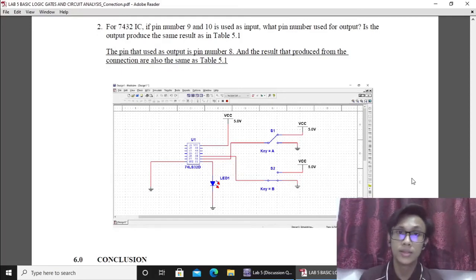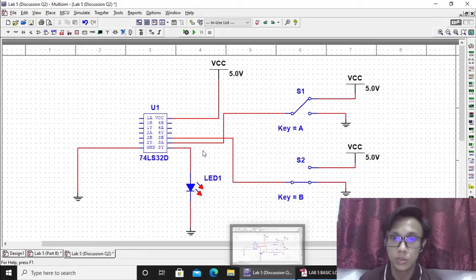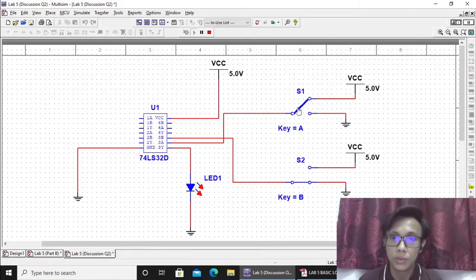To prove that answer, when we construct the circuit on this Multisim simulation, we use pin number 9 and number 10 as the input, and pin number 8 as the output. And when we run the simulation and use the input of 1 and 0, the LED is turned on, and we can say that the circuit runs normally.